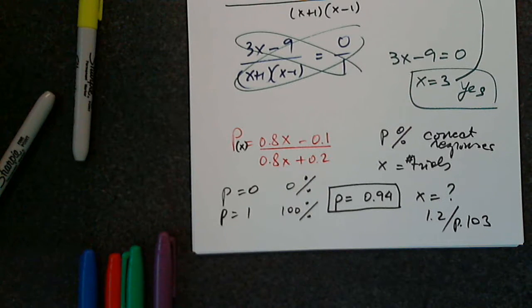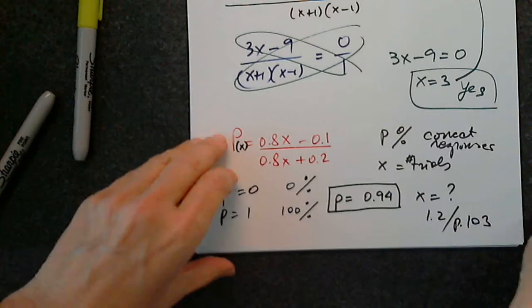Then we are told x is the number of trials we repeat the experiment. We can repeat it whatever number, 100,000 if you want, or 50. But we really want to determine that number such that the percent of success is guaranteed to be 0.94.